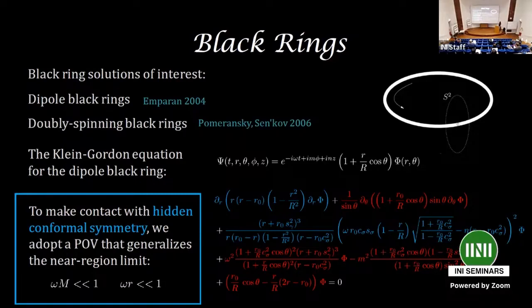Coloring these in red was actually a poor choice, because I want to make sure that we understand something. In the discussion we're about to have, we are not dropping these terms. There is no dropping of terms like in the normal hidden conformal symmetry story.